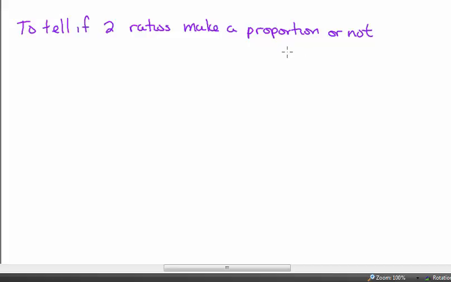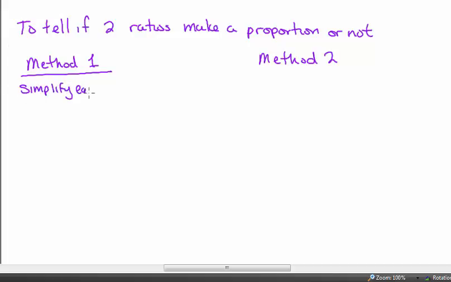So we want to say, there's two ways to do this, okay? Method 1 and method 2. Method 1 is to simplify each ratio, then see if they're equal.